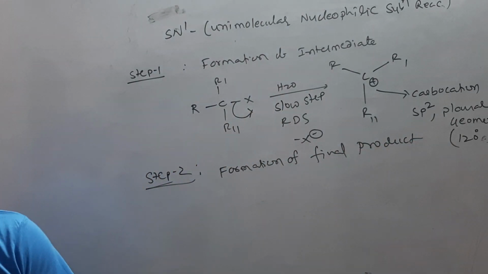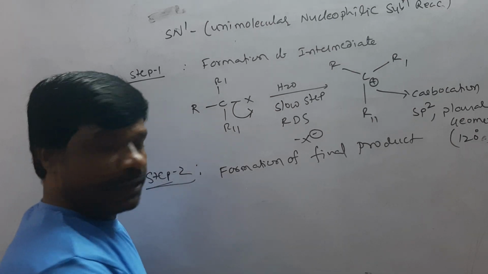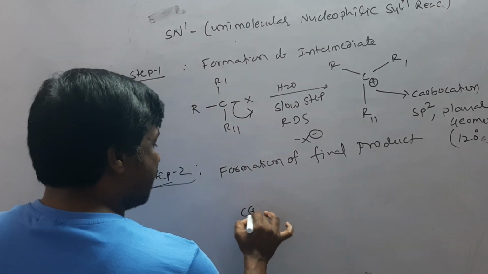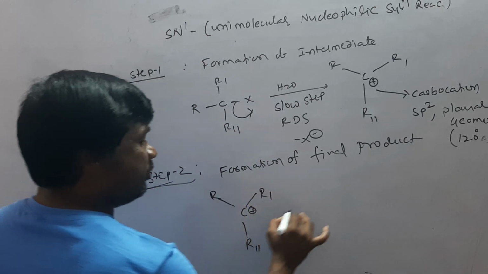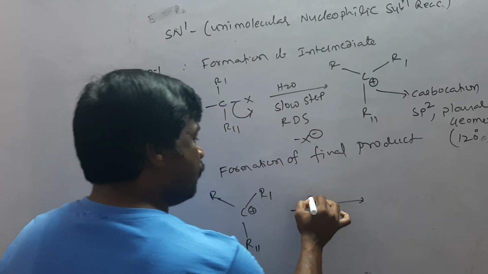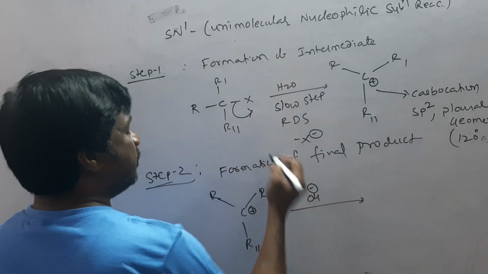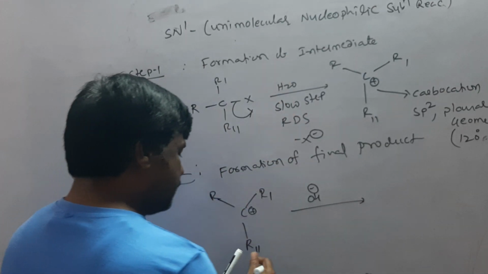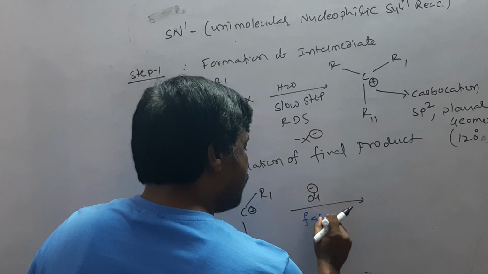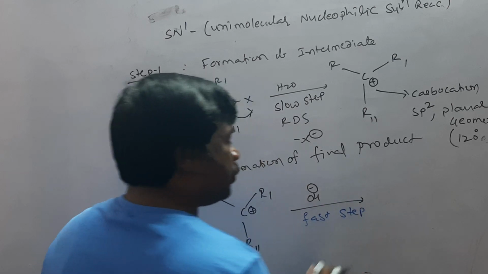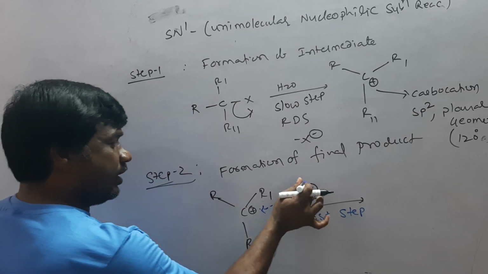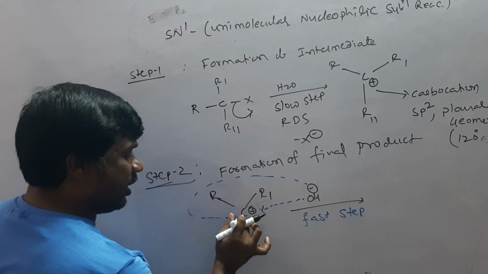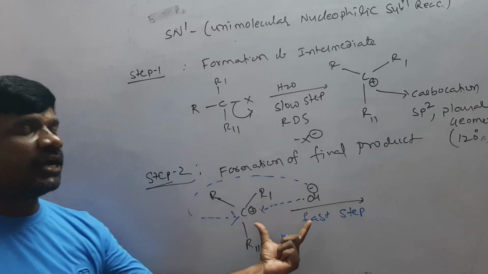How is the final product formed? Here is the carbocation C plus with R1, R2, R3. The nucleophile OH minus attacks. This is a fast step. Either OH attacks from the front side, one possibility, or from the back side, another possibility. Each has a 50% chance.